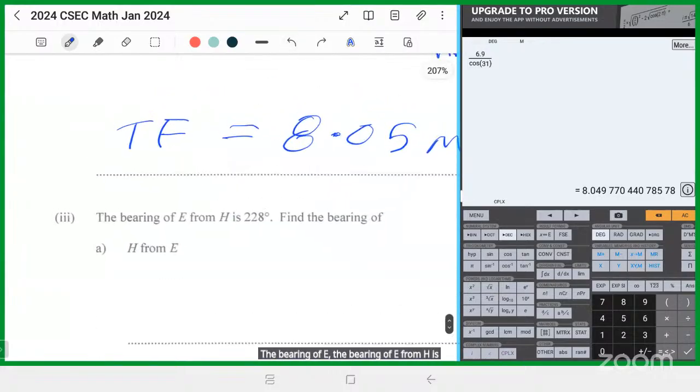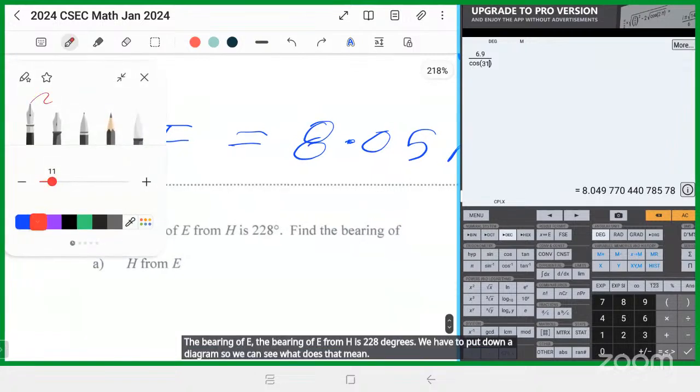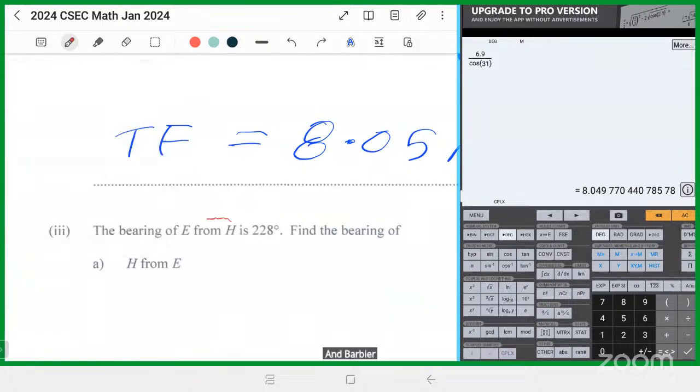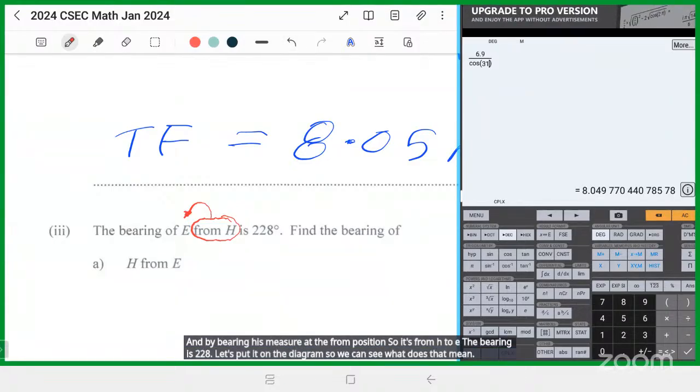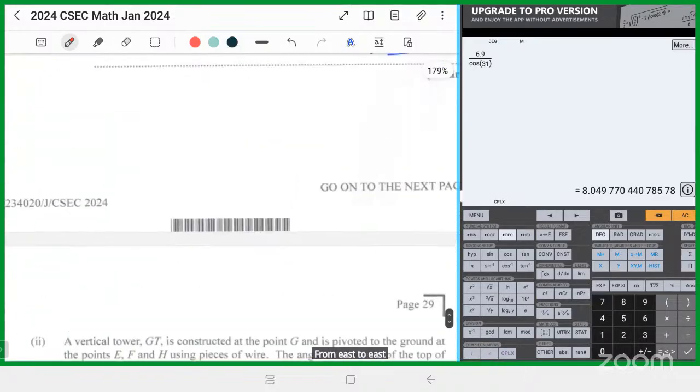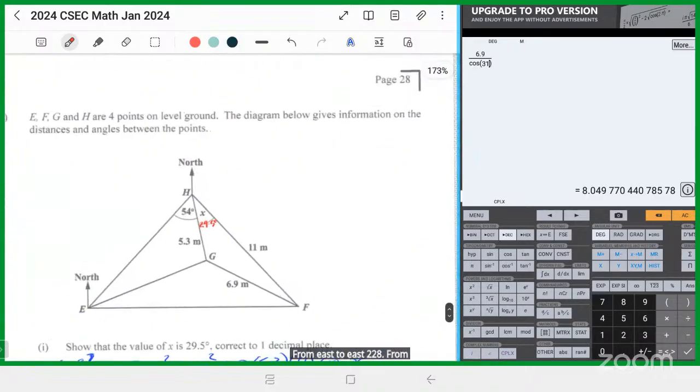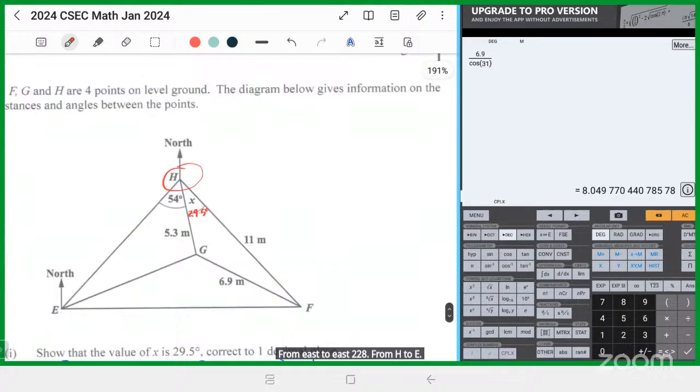We have to put it on the diagram so we can see what that means. Remember, bearing is measured at the from position. So it's from H to E. The bearing is 228. From H down to E, the bearing is 228 degrees.